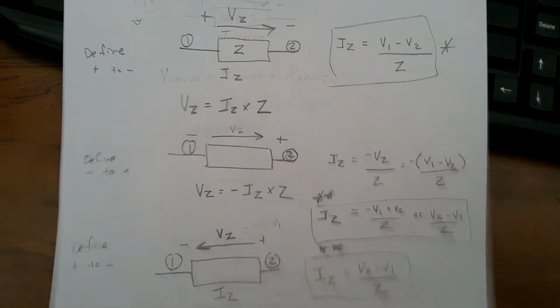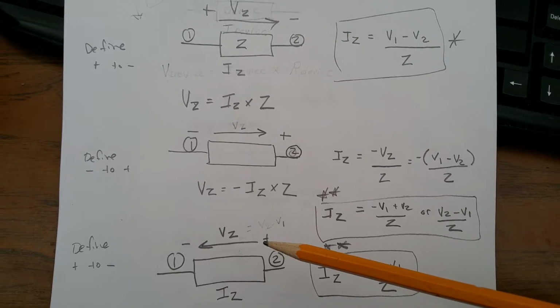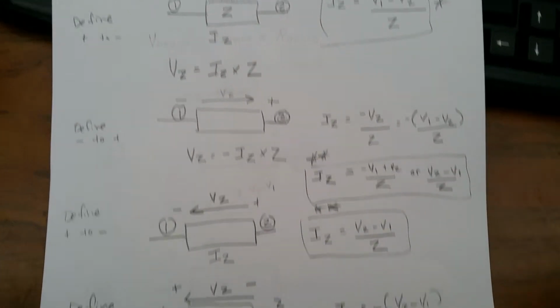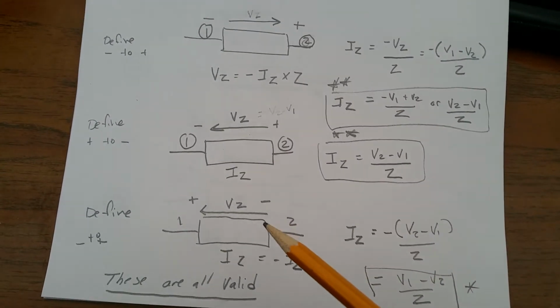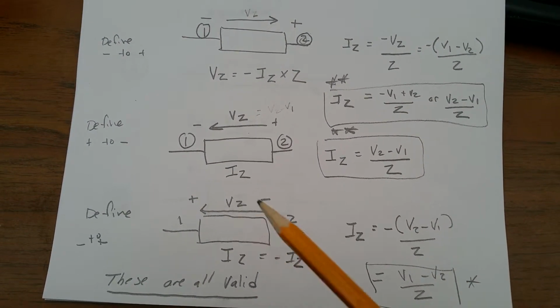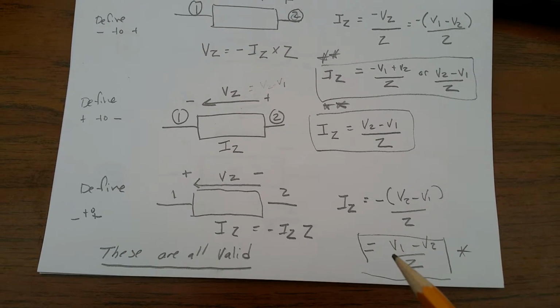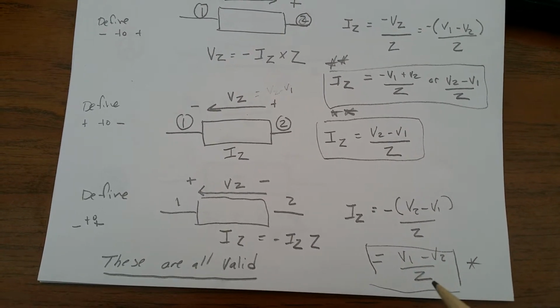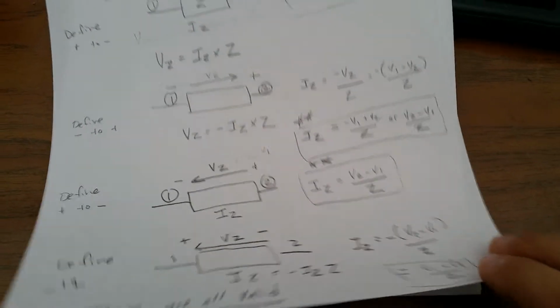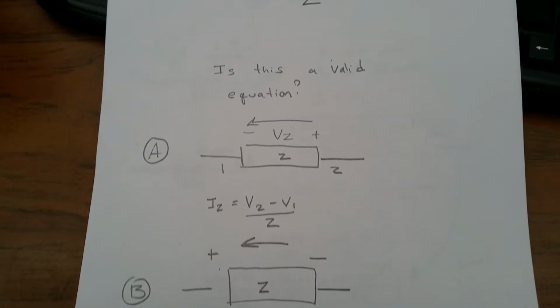All right, and if you look, I can have plus minus, and I get IZ equals V2 minus V1 divided by Z. And again, for completeness, if I put the current opposite to the voltage drop, I get V1 minus V2. These are all valid ways of doing it as long as you're consistent in assigning it.